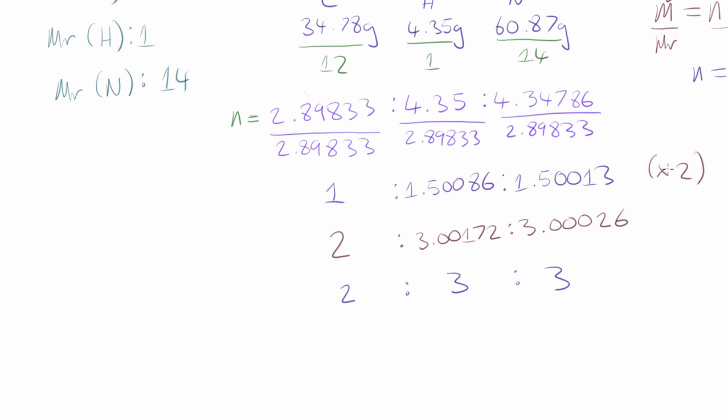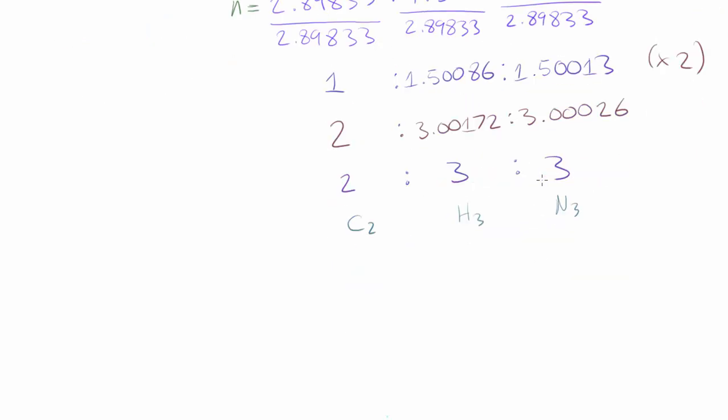So based on this, we can say that at this stage the empirical formula with regards to carbon would be C2, with regards to hydrogen it would be H3, and with regards to nitrogen it would be N3.